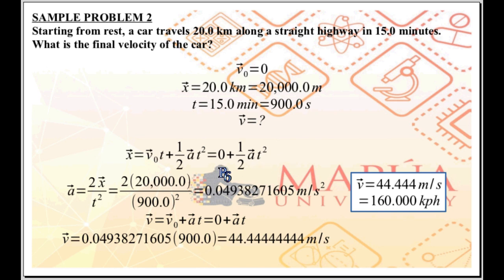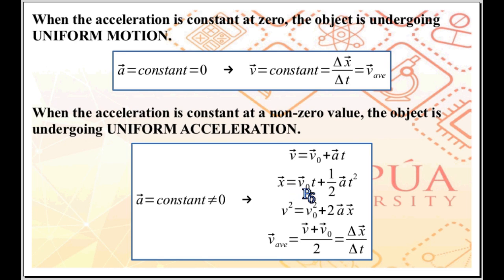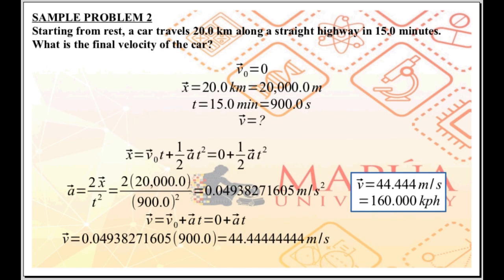This time, if we look at the second equation in the list, x is equal to v naught t plus 1/2 at squared. Initial velocity is 0, therefore v naught t is just equal to 0, which means x is equal to 1/2 at squared. We know x, we know t, the only unknown is a, so isolating a, we are able to determine the acceleration of the object.